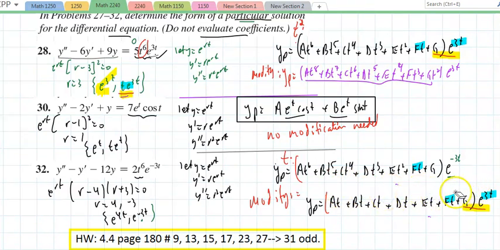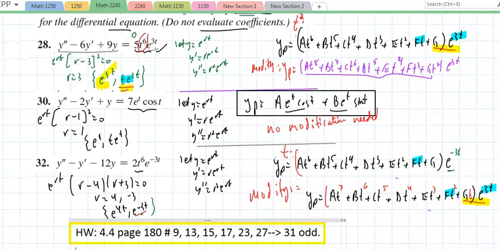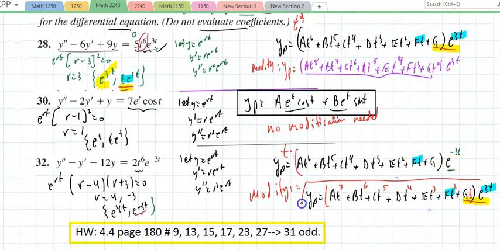Pump those up, and everybody's happy. That would be t to the 7, 6, 5, 4, 3, 2, and a t. And now that doesn't repeat anymore, and there it is. And that would be the final answer, of course. And there is your homework.